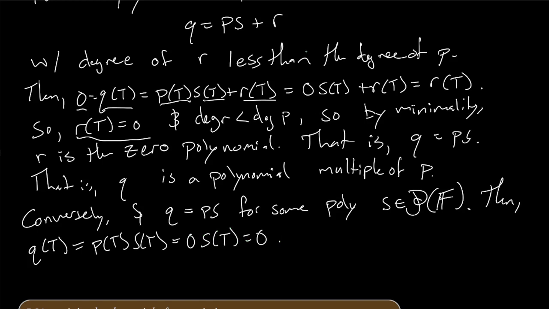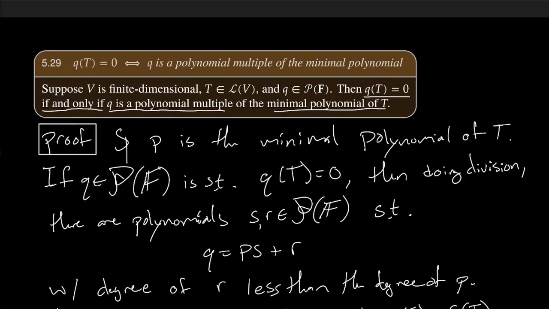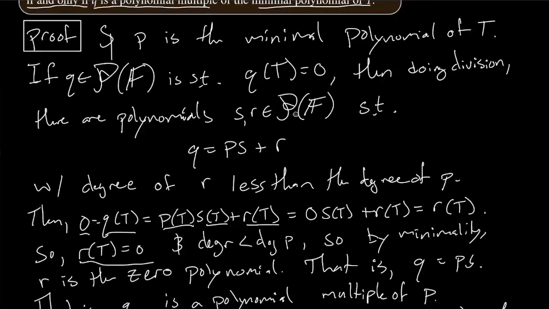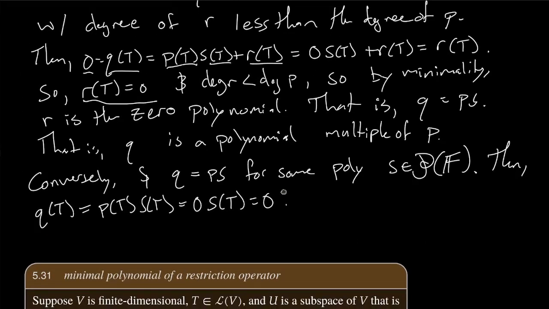So you got it both ways. If Q of t is 0, Q is a polynomial multiple of the minimal polynomial, and if Q is a polynomial multiple of the minimal polynomial, then if you plug in t, you get a polynomial evaluated at t times the minimal polynomial evaluated at t. The minimal polynomial evaluated at t gives the zero operator, so that product is going to be 0. We're done.